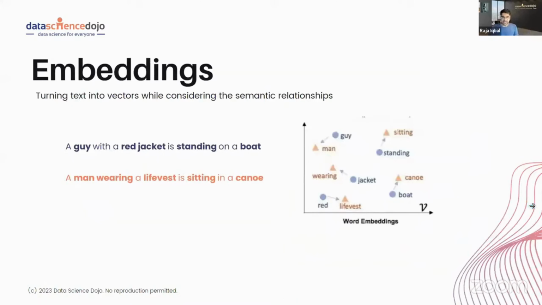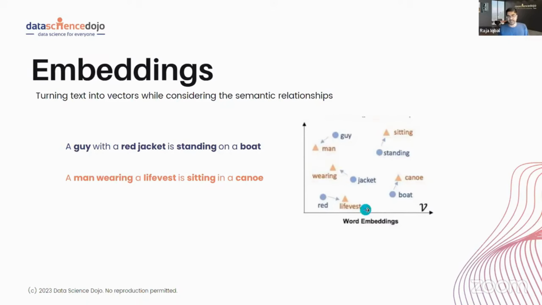So what embeddings do is, imagine I have millions and millions of documents that I've processed, and I know certain words appear close to each other in context. For instance here, a man wearing a life vest is sitting in a canoe.